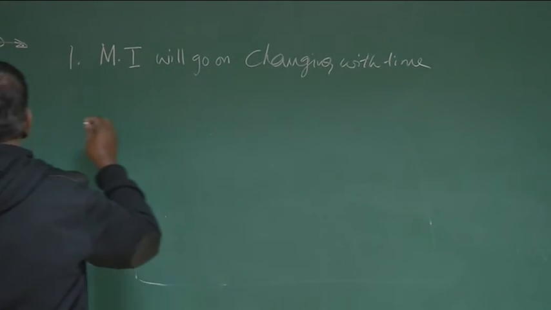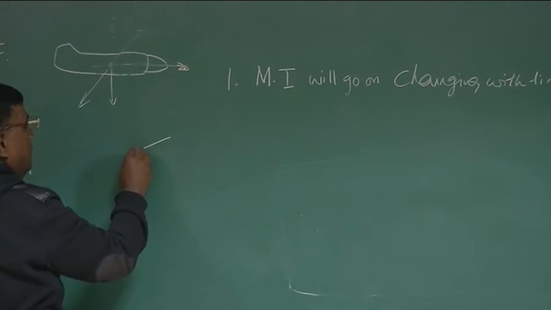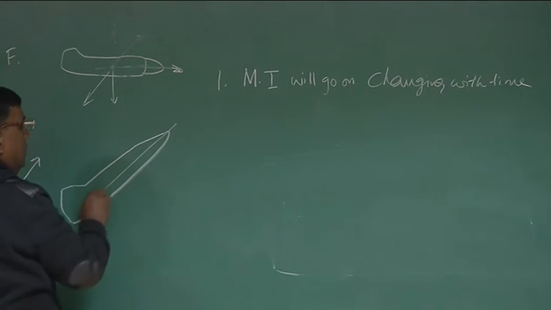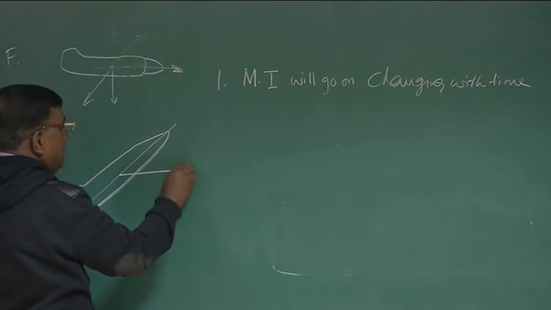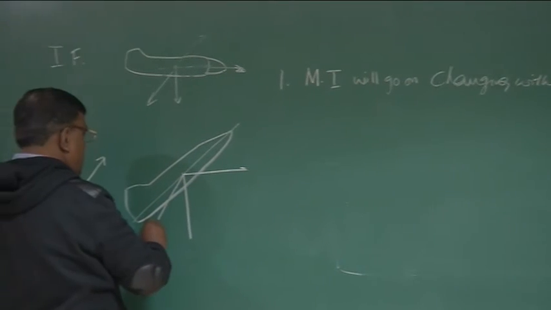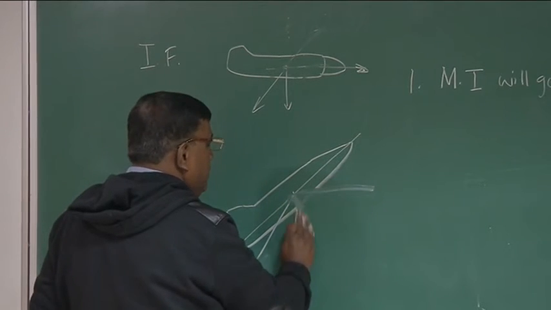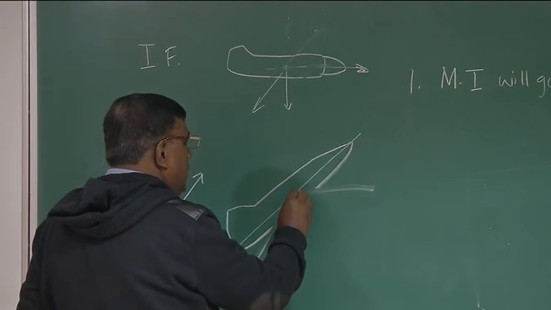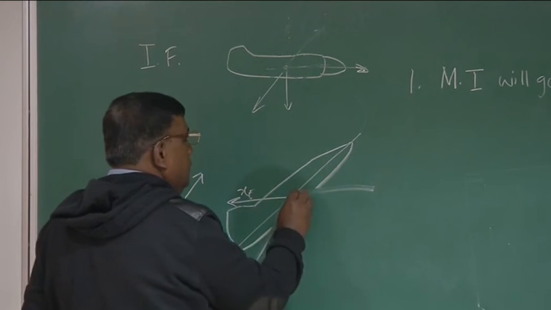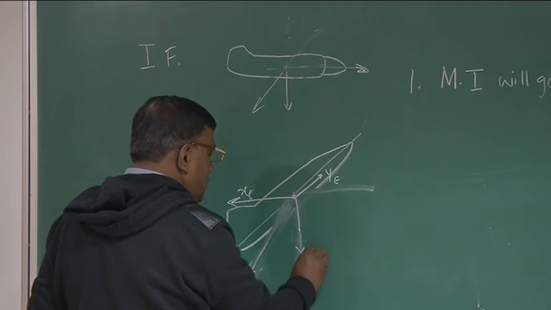If I explain here, suppose this body has rotated like this, but your earth fixed axis is stationary. Let's say, in the right-handed system, the way we are doing it, this is x earth, this is y earth, this is z earth.